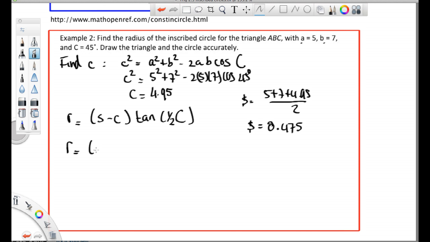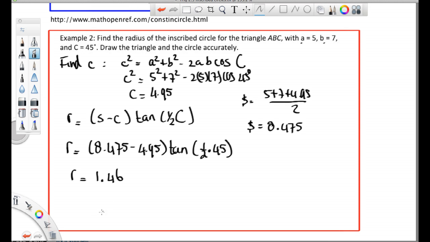So plug that in over here: 8.475 minus 4.95 times the tangent of half of C, which is a half times 45. Your calculator has brackets anyway, so you can just literally put a half times 45 in there, make sure you close your parentheses, you punch this in, and you get a radius of 1.46.